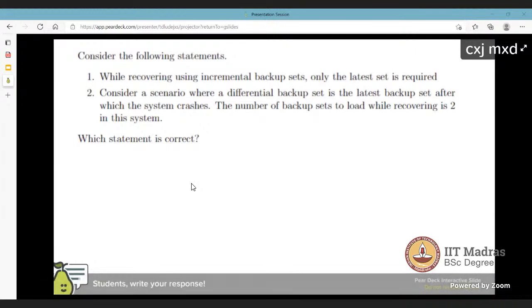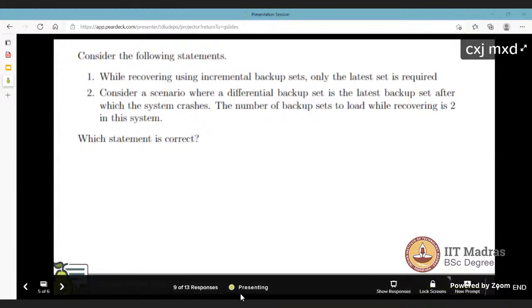So the failure is happening, that's why we are recovering the data. Okay, sir, now it is clear. So statement 2 is correct. In the activity question, the numbers are missing, like which one is the first and second statement. We'll update that also.